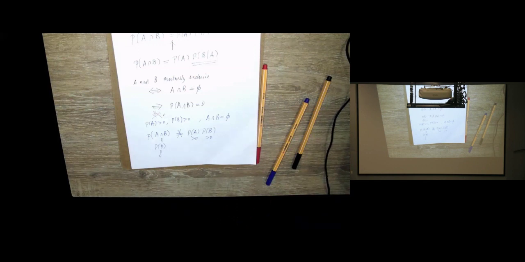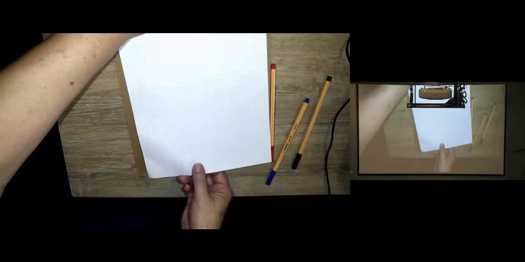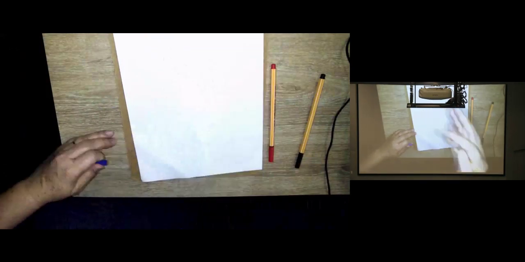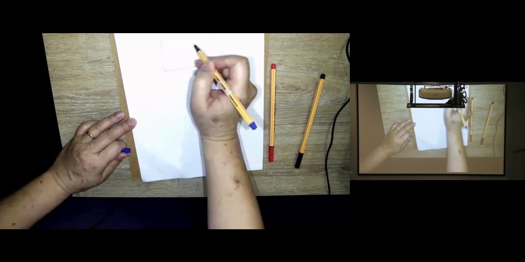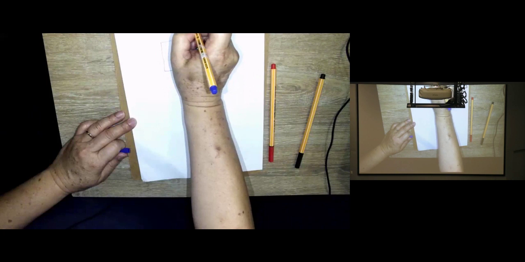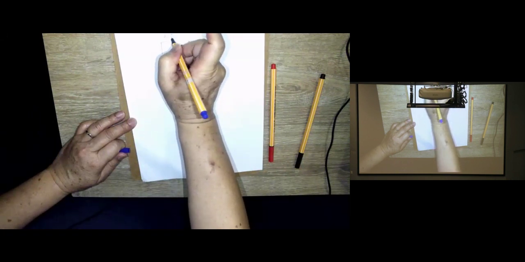I think a few slides down in these lecture notes, some of the examples are trying to model this. I'm considering two events, A and B. A and B independent.